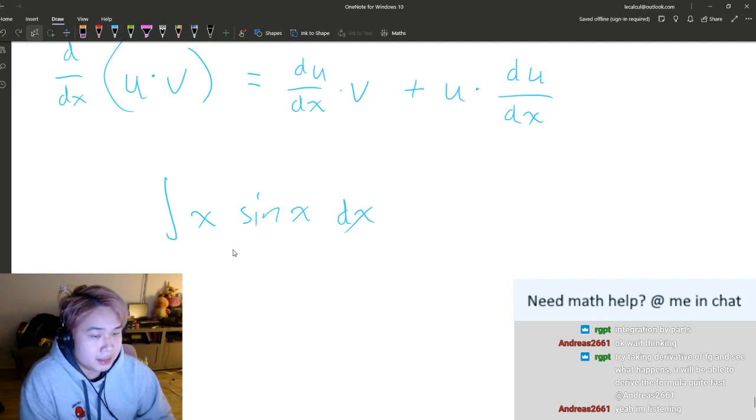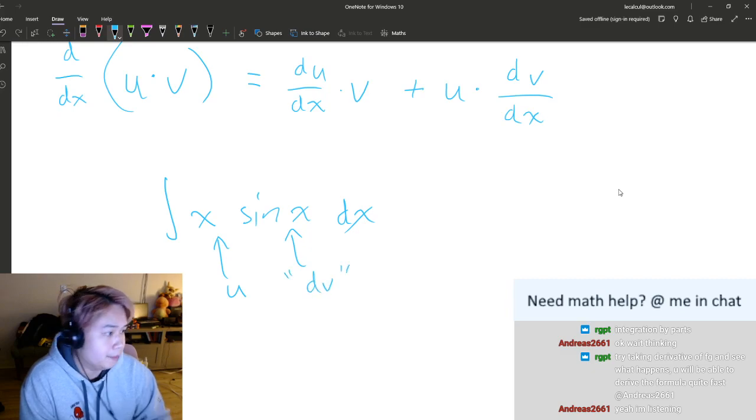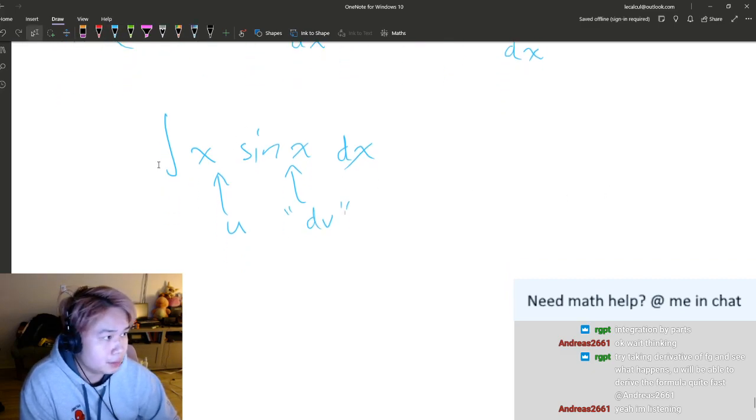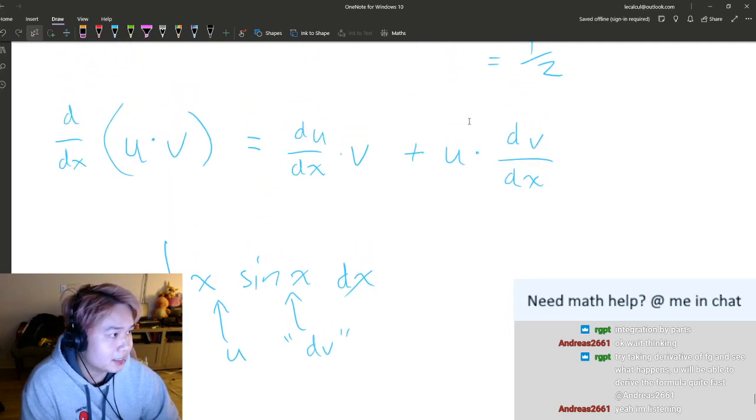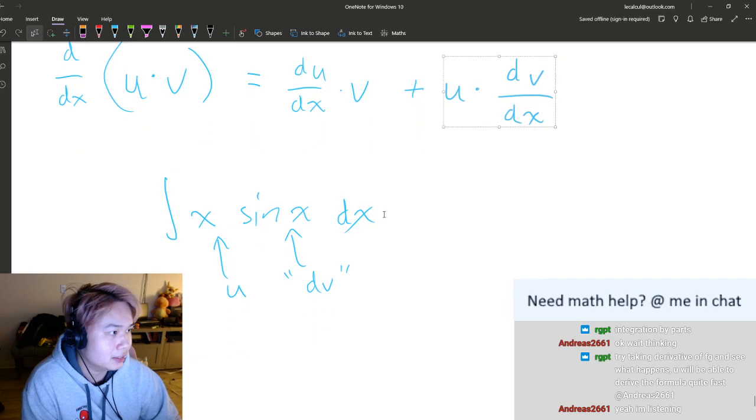So what we do is we choose one of these things to be u, and then the other thing to be, for example, the dv part. And it's up to you which one you get to choose, and that's where the problem comes in of you practicing. And essentially what we do is we are saying that this integral is this part.